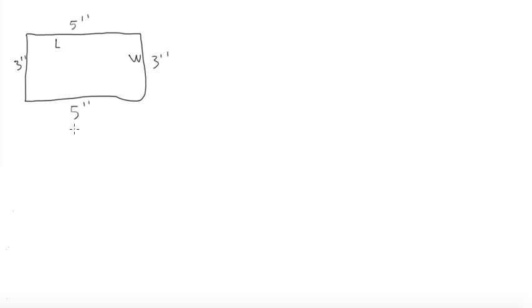Well, another way of looking at that would be I would take 2 5s and 2 3s and I would plus them all together. So the perimeter would equal 5 plus 5 plus 3 plus 3, okay?